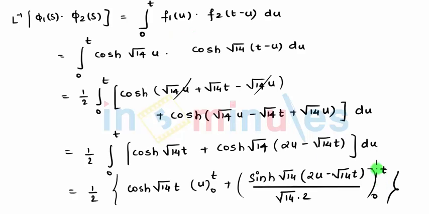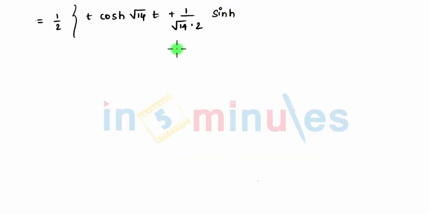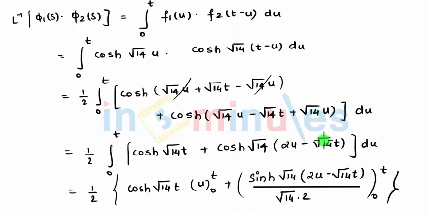So let's substitute. I get finally as 1 by 2 t into cos hyperbolic root 14t, next is plus 1 upon root 14 into 2. When we substitute, that comes to be sin hyperbolic root 14. When we take root 14 common, there is no root 14 here, students, extremely sorry for that.